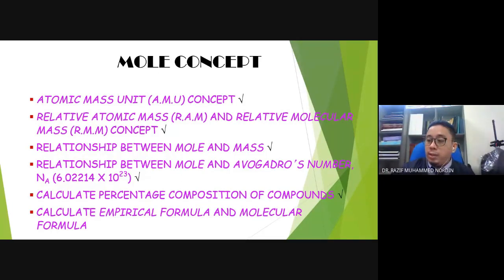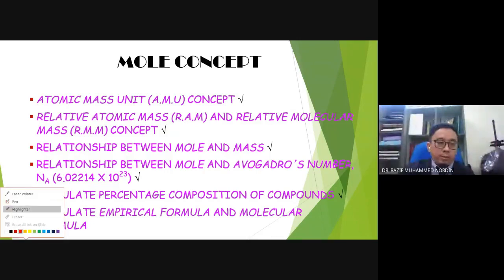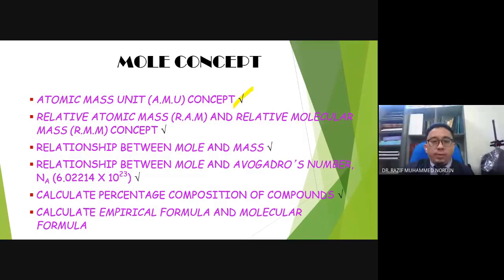Hopefully, because kita punya time agak constraint hari ni, sekarang ni dah 11.24, kalau kita bernasib baik, kita akan pergi sampai atomic mass, and then relative atomic mass, and also a bit of mole and mass relationship.